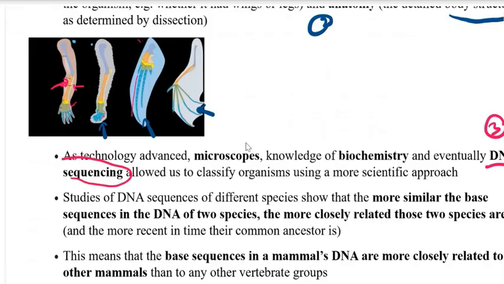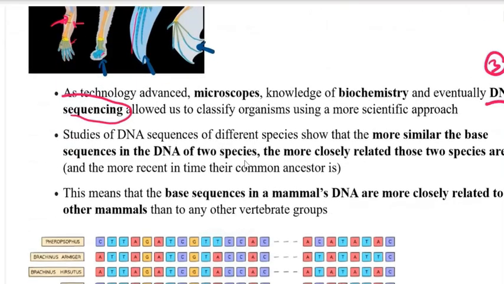Because it's like the things in the cell nucleus, so it's very accurate. Yes, very good. It's because if you are from different species, right? So actually this DNA sequencing is just looking at comparisons of the base sequence in the DNA of two species, right?